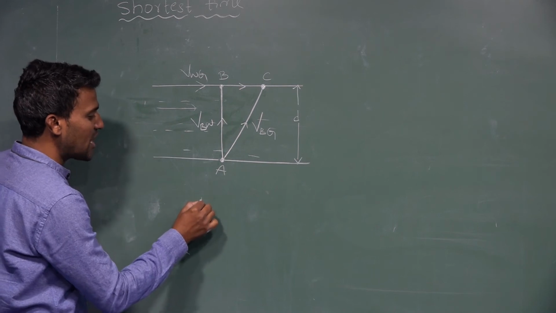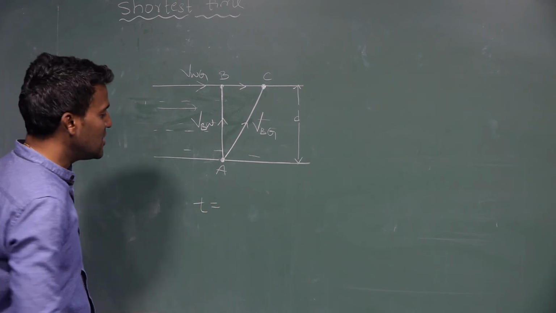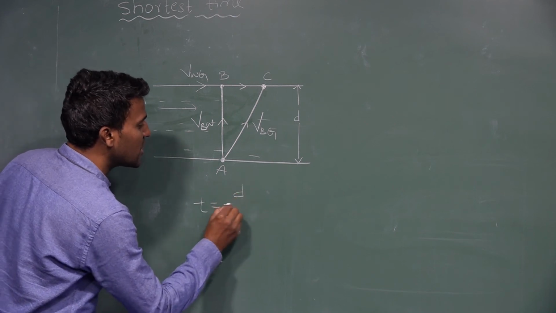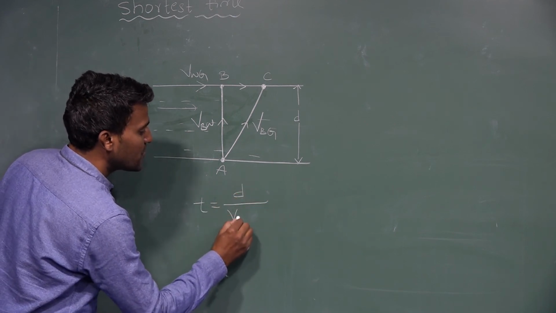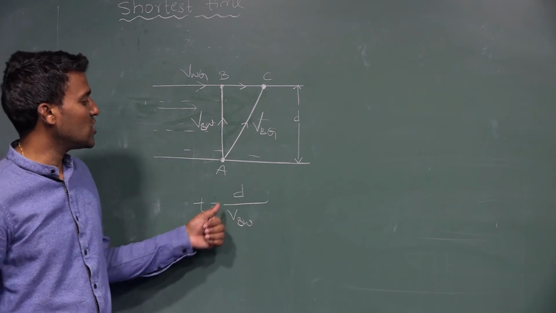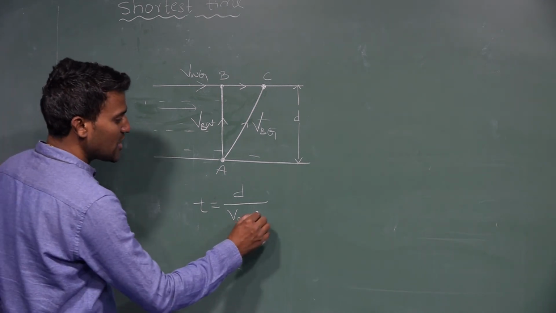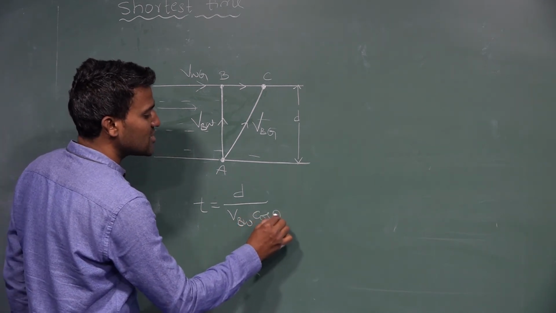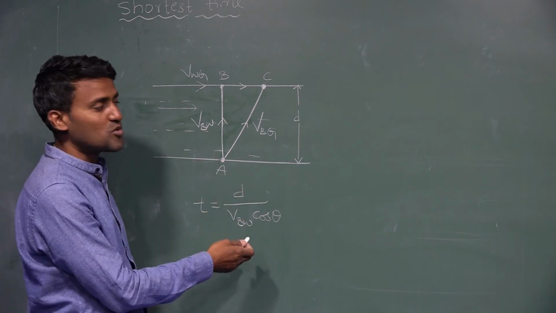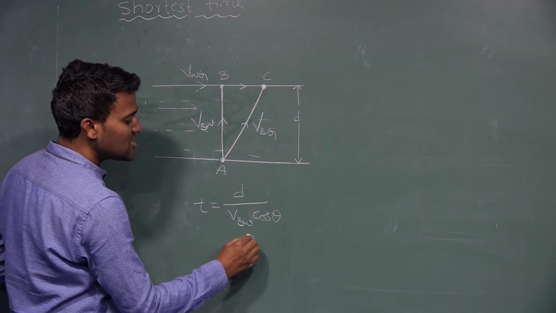And for the shortest time, we already know one formula: T is equal to distance divided by VBW, isn't it? The shortest time T is equal to D divided by VBW. Otherwise, you can write it as VBW cos theta. This is the equation we wrote in the earlier case. Here theta is equal to 0.